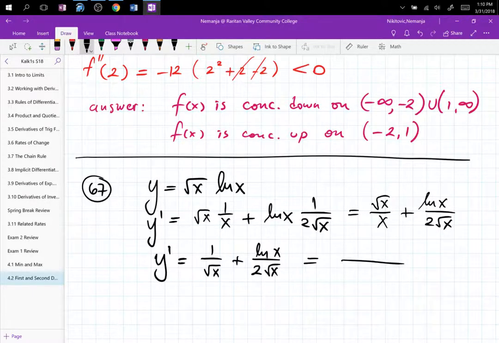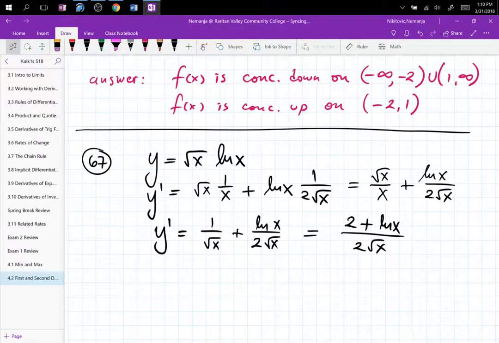Common denominator on 2 root x, and this is what we have for the first derivative. First derivative is 2 plus ln x divided by 2 root x. All right, this is a spicier version because obviously we have the more involved derivatives.